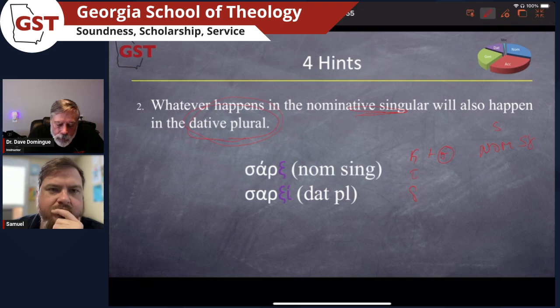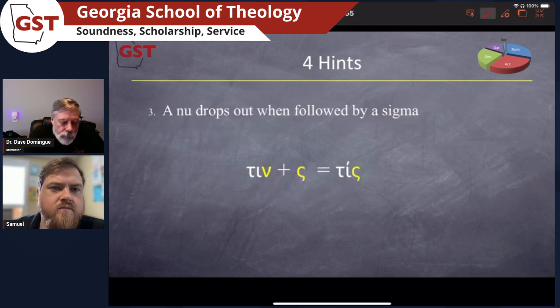That's our sigma, and in the dative plural, because it's a sigma iota with a movable nu. So that's why the same thing will occur here. Okay, so whatever happens in the nominative singular will also happen in the dative plural. We're going to show you what happens in a minute. Right now, we're just doing an overview.